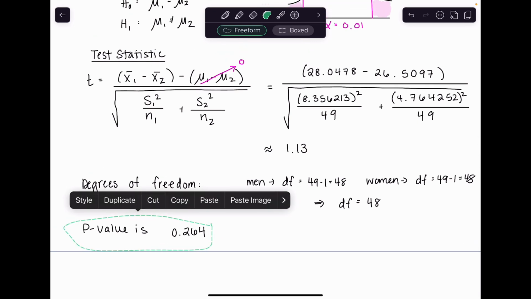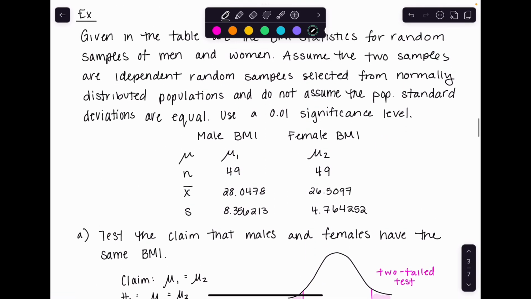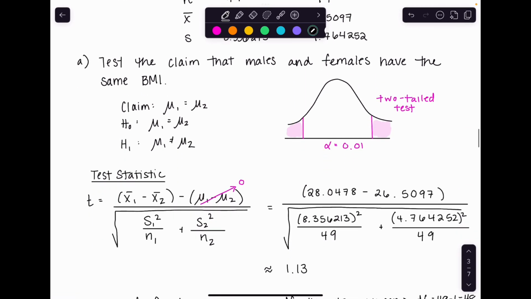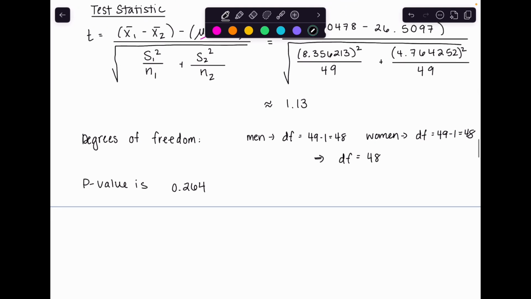Okay, so here, this p-value is bigger than my significance level. So that means I fail to reject the null hypothesis. So the area over here is going to be bigger than that rejection region. Okay. So since our value of p is greater than or equal to our significance we wanted, we fail to reject the null hypothesis.